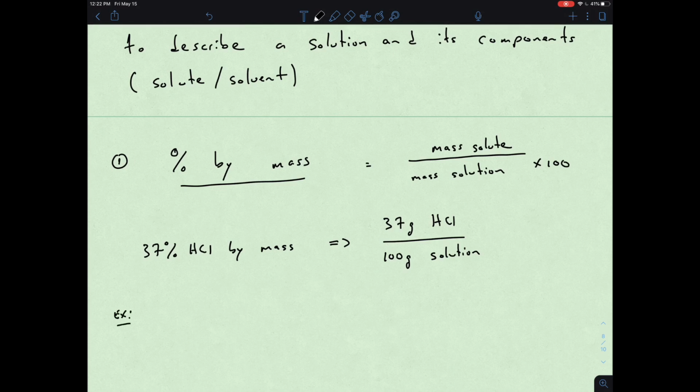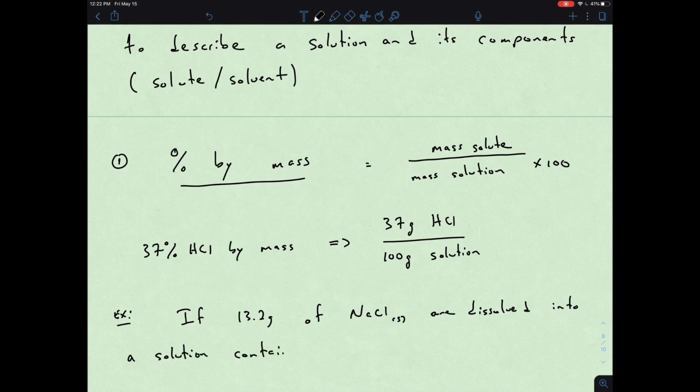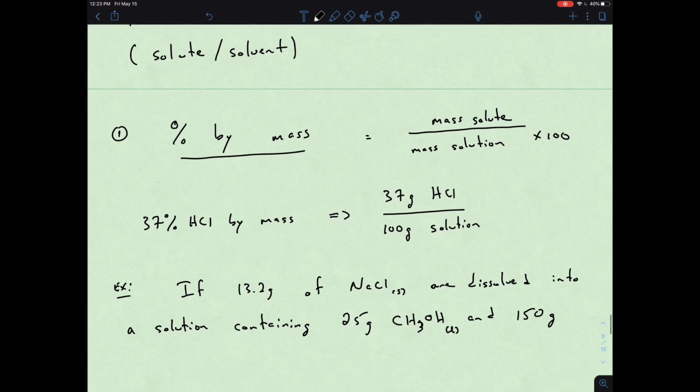As an example, say 13.2 grams of sodium chloride are dissolved into a solution containing 25 grams of methanol and 150 grams H2O.